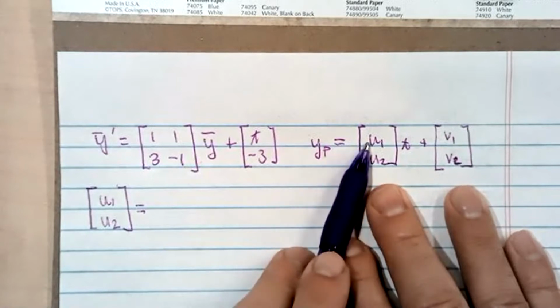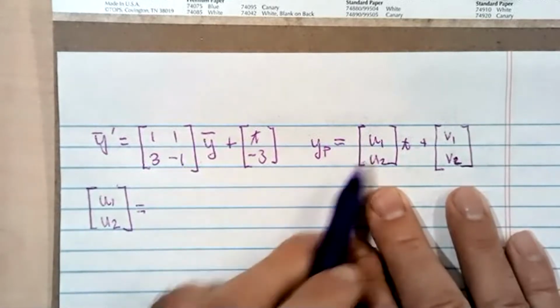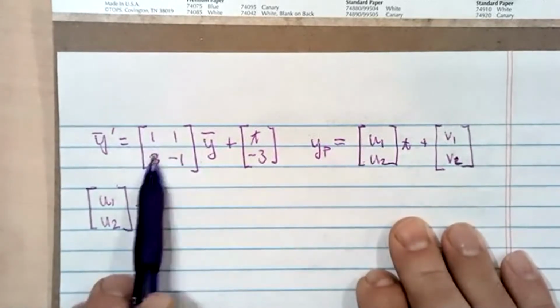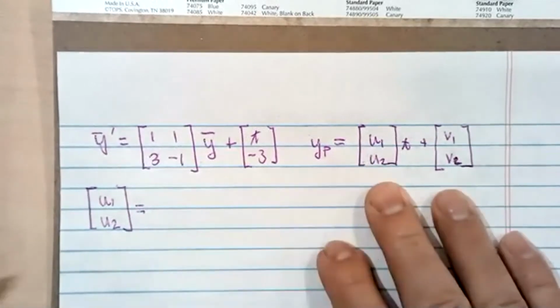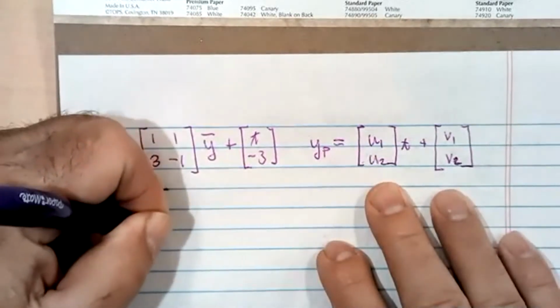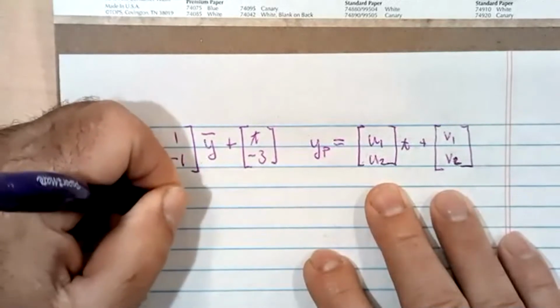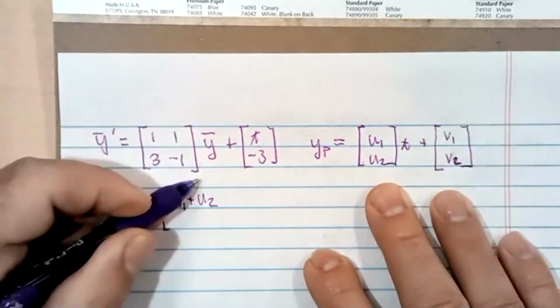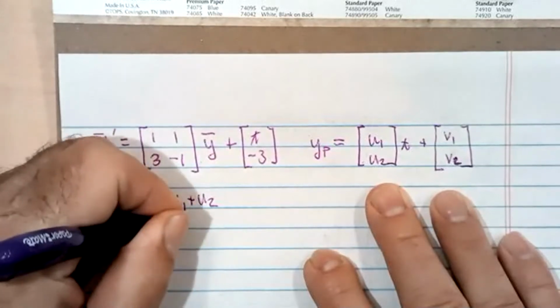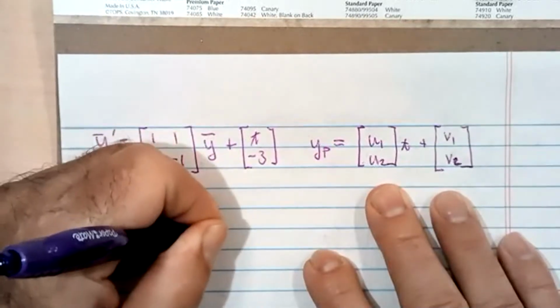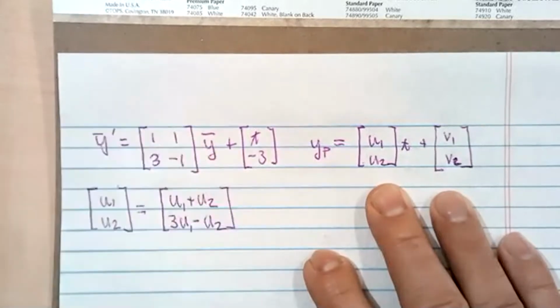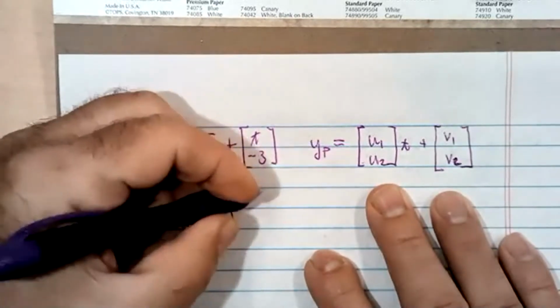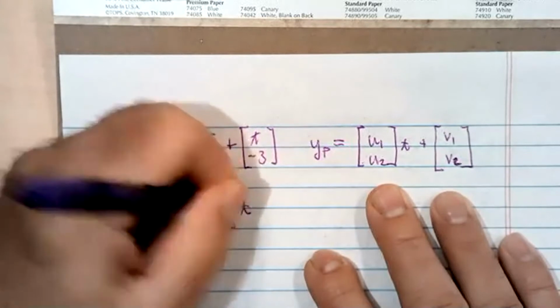We can do this a term at a time. So when we multiply this matrix times this vector, we're going to get this vector, u1 plus u2 on the top, and then we'll get 3u1 minus u2 on the bottom. And of course, that will retain the t on here.